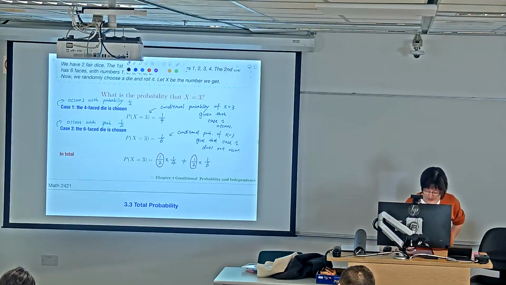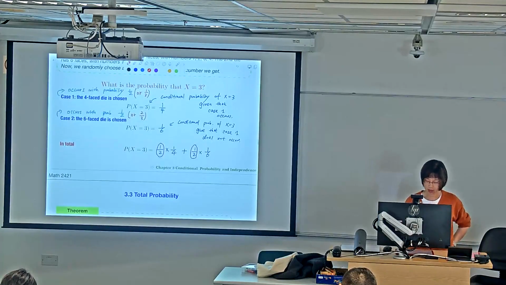And if I change slightly, if I know that case 1 occurs with a probability 1/3, then case 2 occurs with 1 minus 1/3, which is 2/3. Then if you want to do this computation of x equals 3, we just need to modify these weights.